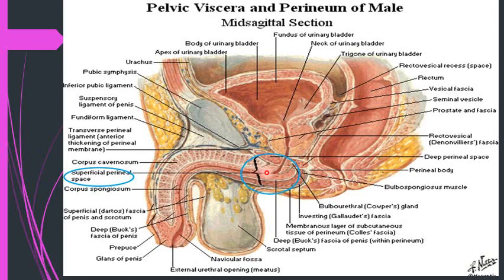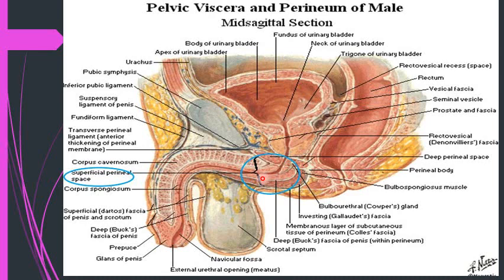These are the corpus spongiosum having the bulbospongiosus muscle, and the corpus cavernosum having the associated ischiocavernosus muscle, which are going to form the contents, the muscular contents, in the superficial perineal pouch.